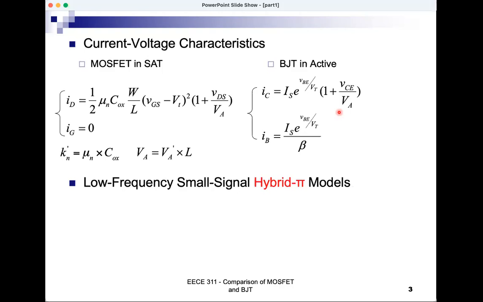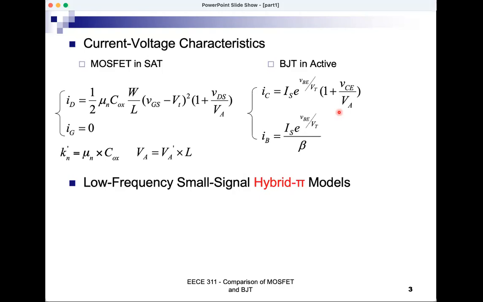What these models allow us to do is get rid of non-linearities. So there's no power, no square term in the MOSFET, or no exponential in the BJT. We can linearize the equations and everything becomes just linear.